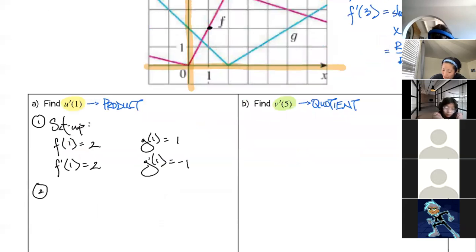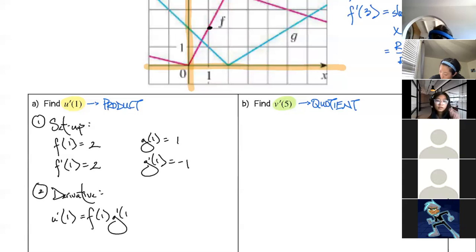When we're looking at our derivative, now we're going to plug into the product rule. So u prime of 1 equals f of 1 times g prime of 1 plus g of 1 times f prime of 1.